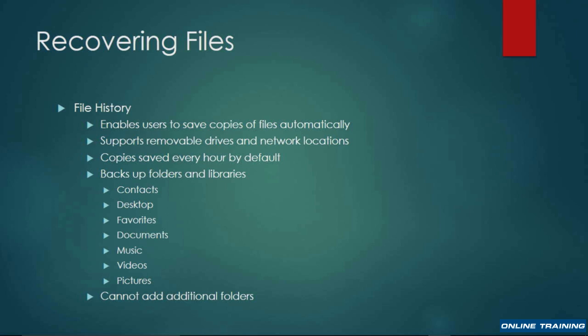And so you don't have the ability to add additional folders, but as we've already seen, you can include folders into one of the virtual libraries. And if you do that, then that information is going to be backed up automatically for you. It really couldn't be simpler. This is just something that we need to be aware of and something that we need to turn on.